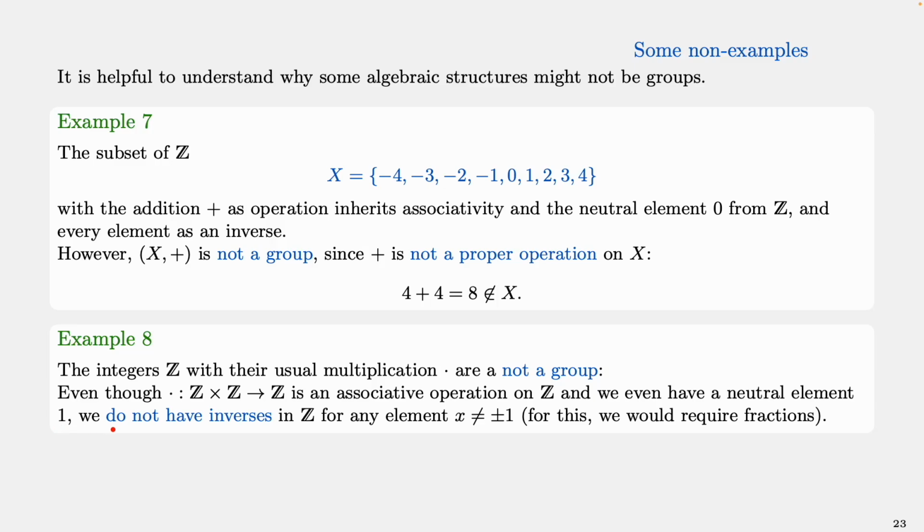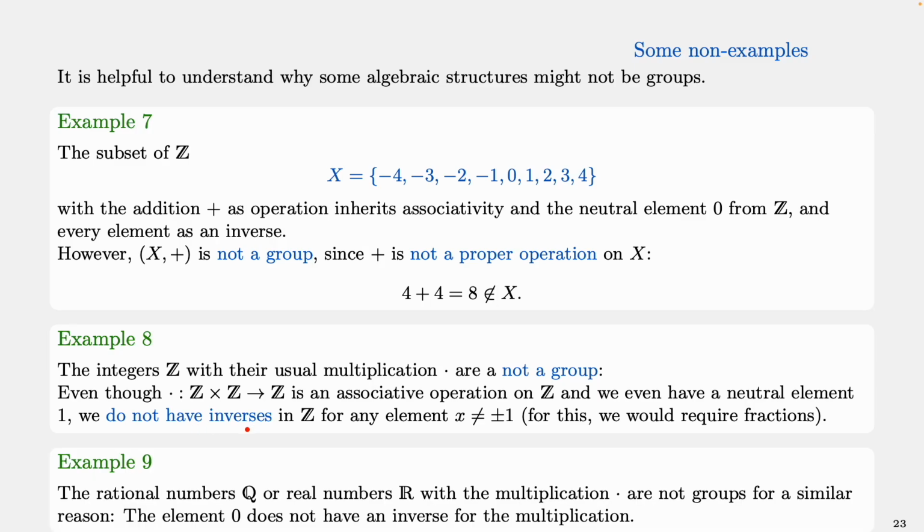But what we're missing are the inverses of elements in Z. So for any element that's different from ±1, we do not have an inverse in Z because, well, the least we would have to do is to introduce fractions. But fractions for elements other than ±1 are not contained in Z. So we do not have inverses for the multiplication.